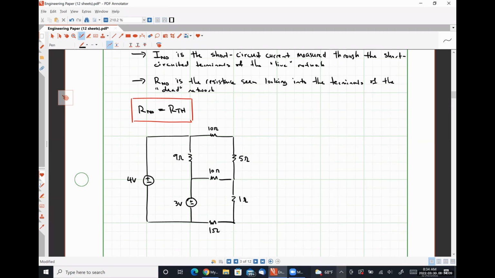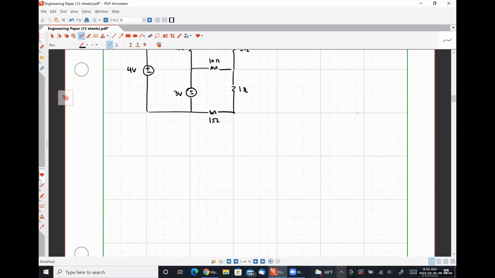So if we're trying to find the Norton equivalent, we again have to take that 1 ohm resistor out. Okay, so our goal here is the Norton equivalent circuit with respect to the 1 ohm resistor.